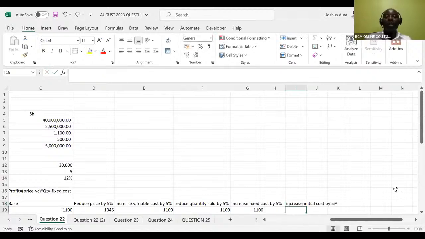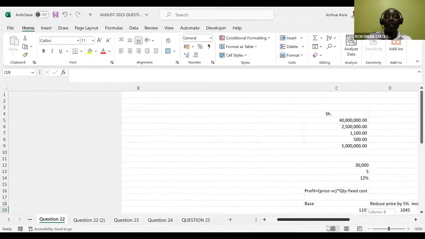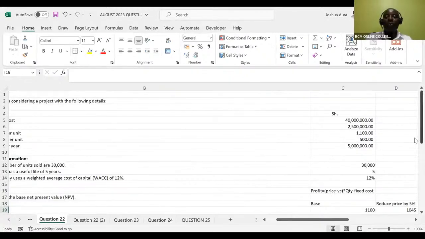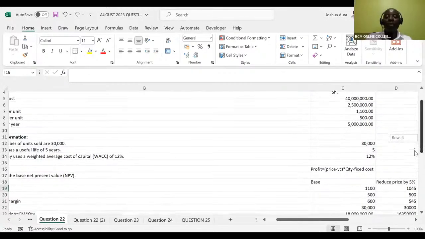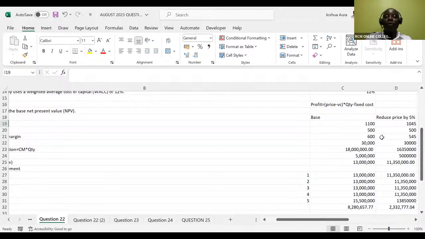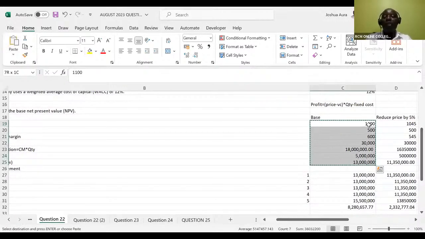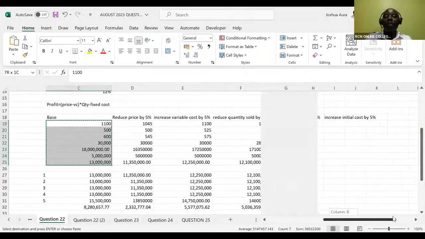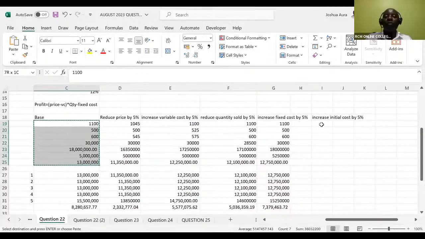So first of all, you copy what? Go to the base and pick it, up to profit. So the base here. So control shift down arrow, control C to copy. Then you move back here to this initial cost. Put it here.